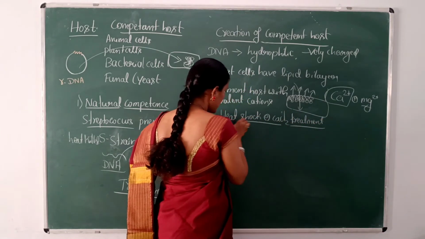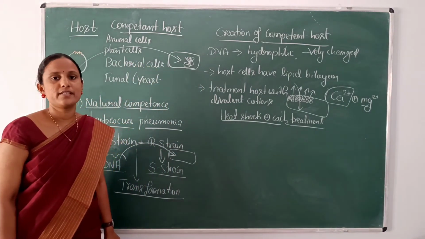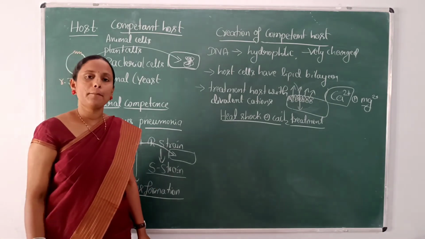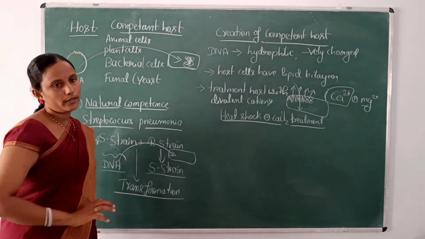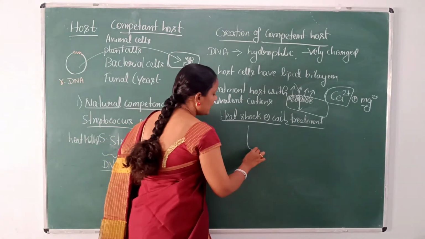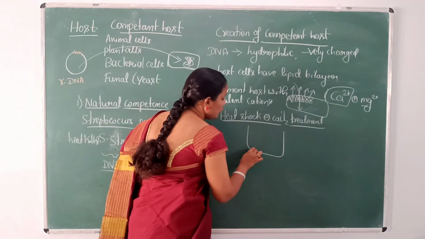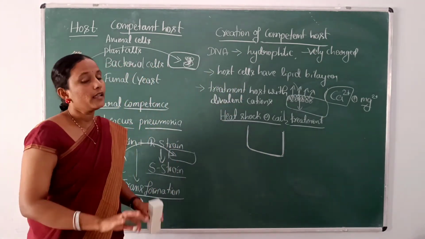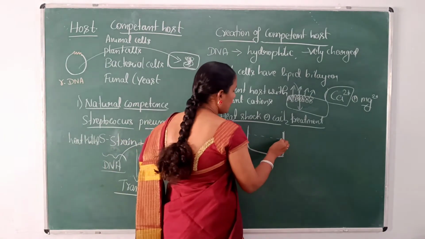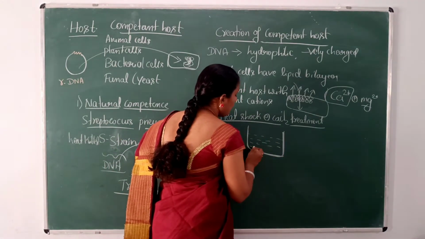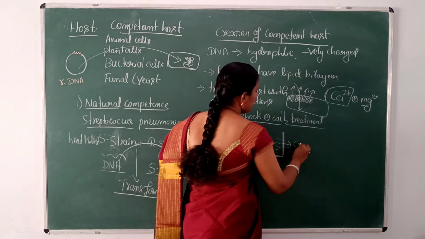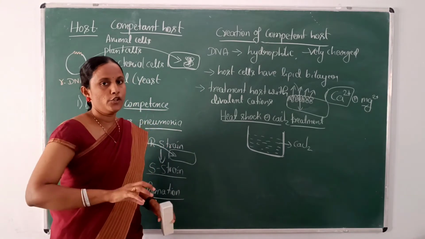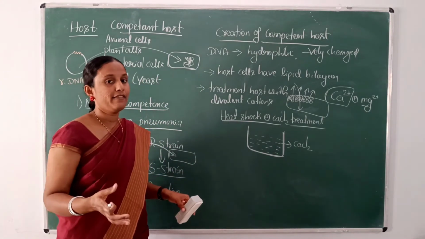Calcium chloride treatment is the commonly used method for preparation of competent cells. Here, a defined concentration of calcium chloride is added and a solution of calcium chloride is made, which will be carrying the calcium ions. In the solution, calcium ions are released.